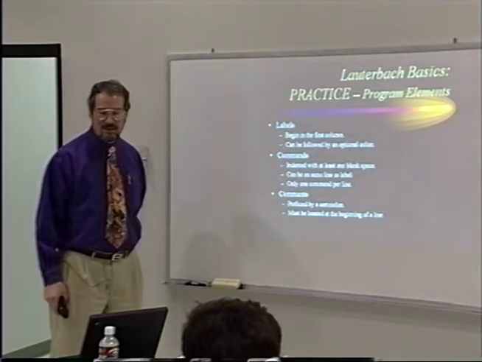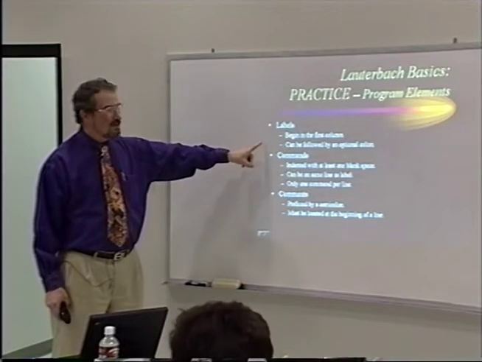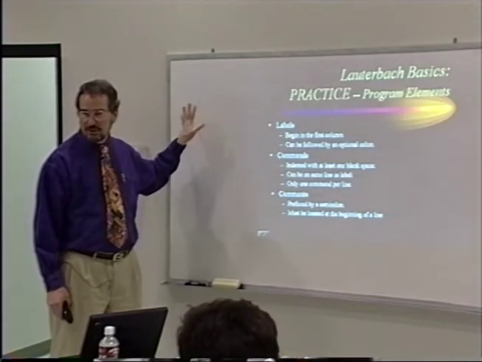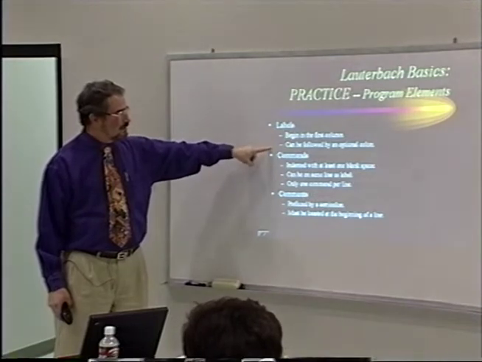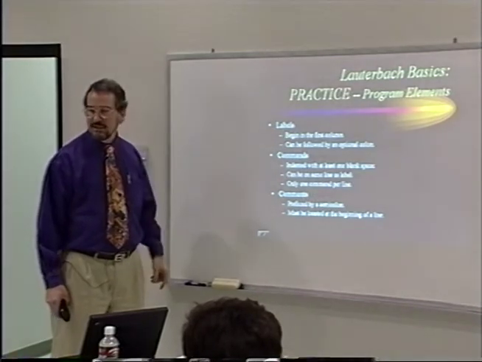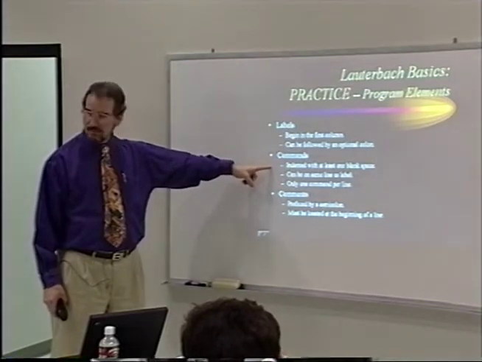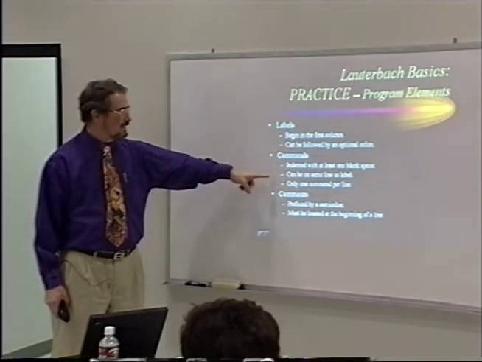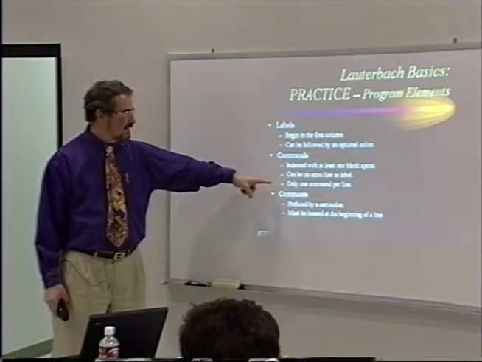Some of the program elements in practice: labels begin in the first column, and we'll look at some CMM files so you can see this. They can be followed by an optional colon. They don't have to have a colon on them. Commands are indented with at least one blank space. They can be on the same line as the label, or on a different line.